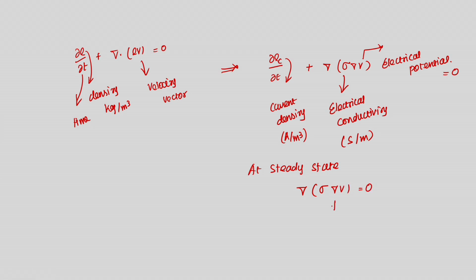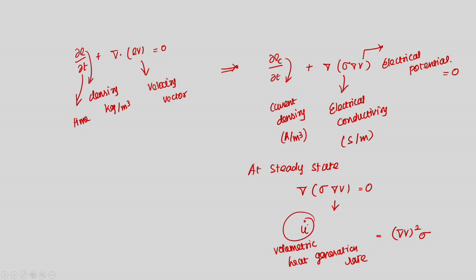From this I can calculate the heat generation rate, which is the volumetric heat generation rate, equivalent to grad V square into sigma. Further, u dot is taken into account when we use the normal energy balance equation.